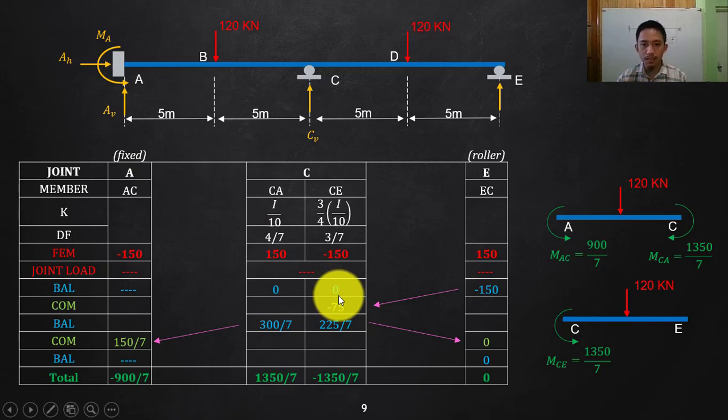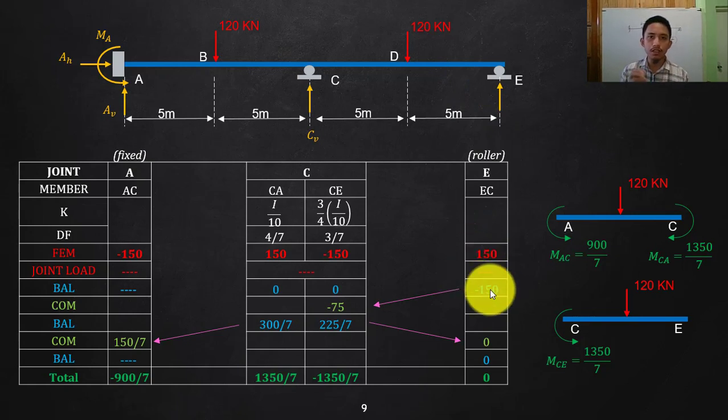And then, of course, your joint E, summate your FEM, positive 150, and joint load, which is 0. That is a positive 150. So, I need to balance that. However, I do not have other members to carry that one, only your EC. So, that will just be balanced by negative 150.